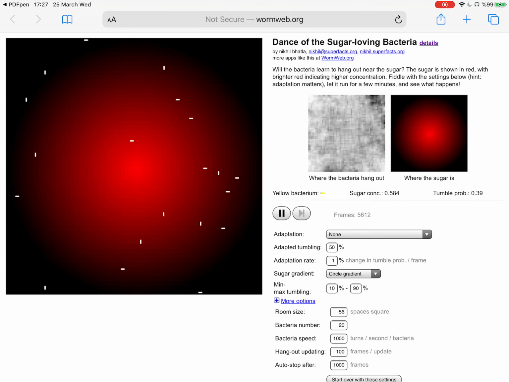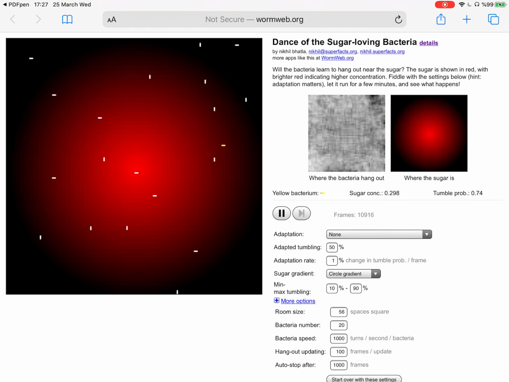So it's like somebody just pipetted a bunch of sugar in the middle of the screen, and it kind of diffused outwards. And you can see the actual bacteria moving about. And also, if you look at the gray circle here, where it says where the bacteria hang out, you'll see kind of a heat map of where most bacteria have been.